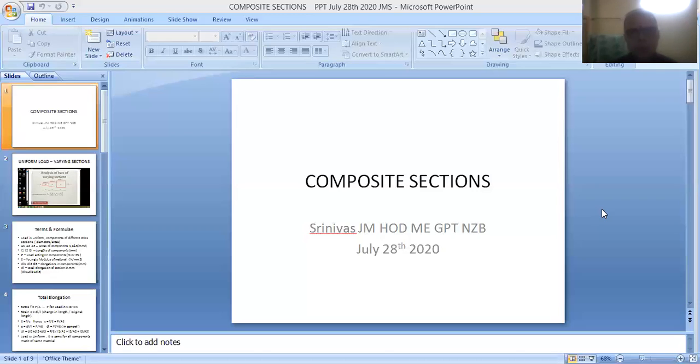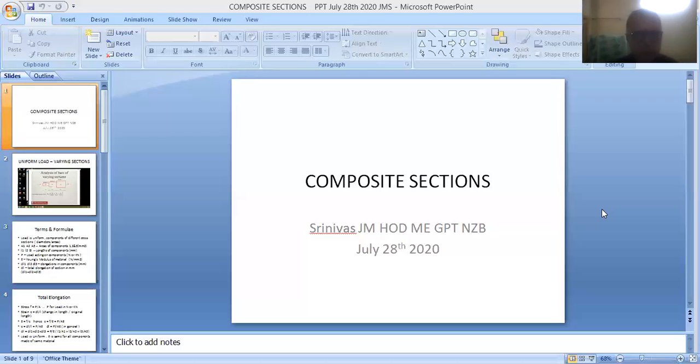Now here there are two factors. One is the load acting on the section, and the other one is the areas of the various components of the section. Sometimes the load acting on the section is uniform, and the areas of cross sections of the components are also uniform.